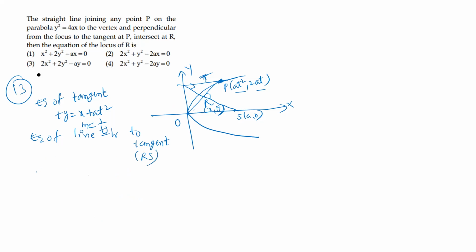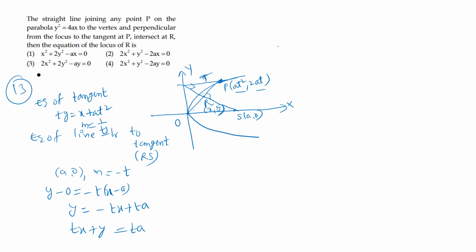It is passing through a comma 0, and the slope m is minus t because it is perpendicular. So y minus y1, that is y minus 0, is equal to minus t into x minus a. So y is equal to minus tx plus ta, or tx plus y is equal to ta.